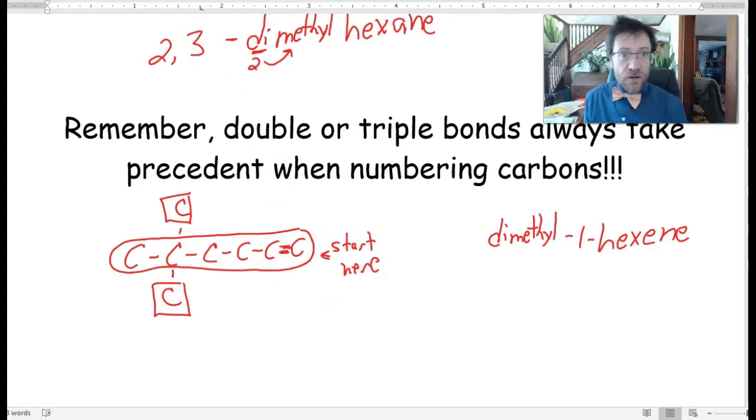So if I'm going to number the carbons, it's going to be carbon number 1, carbon number 2, carbon number 3, 4, 5, 6. So this will be 5,5 dimethyl 1 hexene. And remember, I chose 1 hexene because the double bond is in the number 1 bond position.